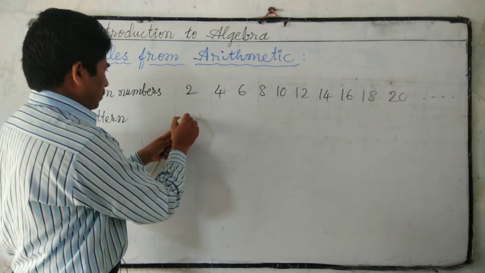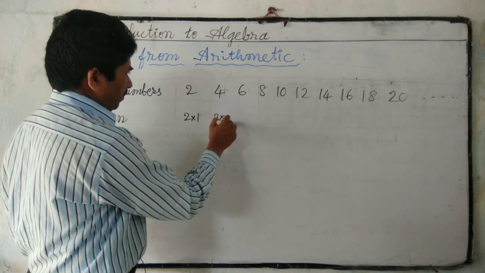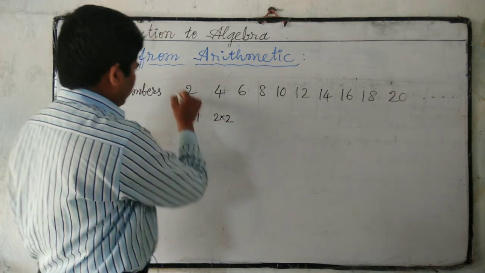First even number: 2 ones are 2. 2 twos are 4.